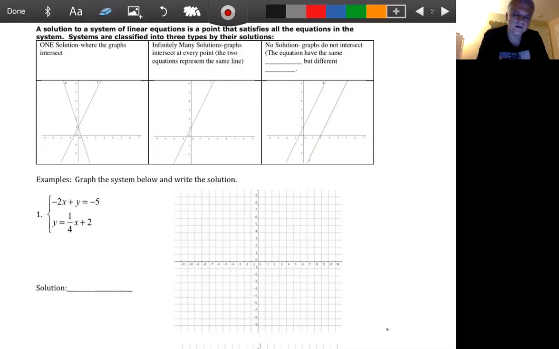And then finally, we will have some times when we have no intersections, which means we will have no solution. And no solution, well, when two lines don't intersect and they're in one plane, geometry tells us they are parallel. Okay? So the equations have the same slope. They have the same steepness, but they have different y-intercepts.